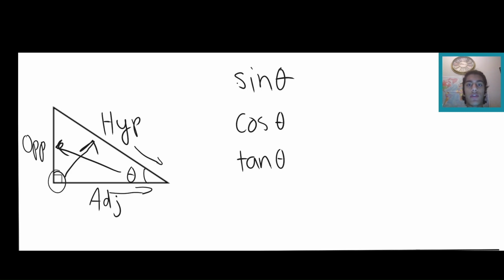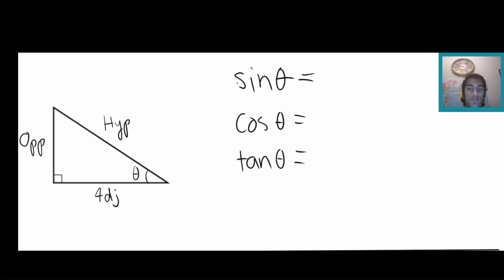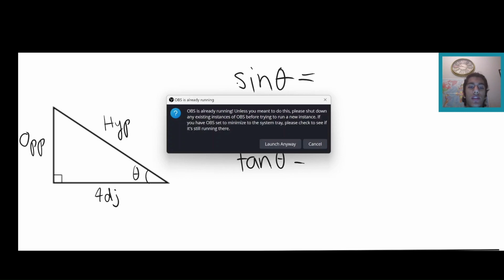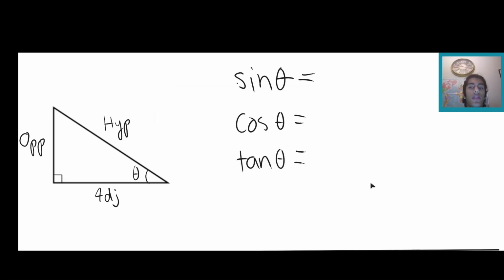So let's get right into the trigonometric functions now. As you can see, I've cleaned up the triangle a little bit, but starting off with sine of theta. Sine of theta is basically the ratio between the opposite and the hypotenuse.